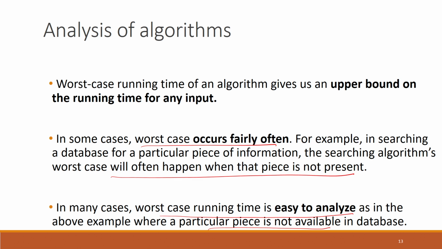In that case we could easily determine the expression for the worst case running time, because it will be equal to a constant times the number of elements in the database. But determining the average case running time will not be that easy. These are the reasons we will be focusing on the worst case running time in this discussion.